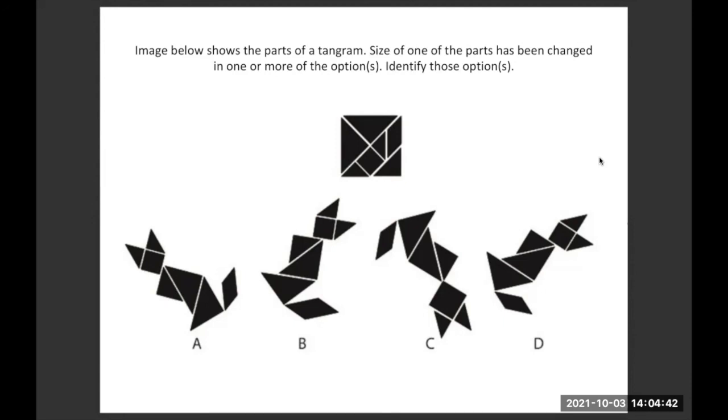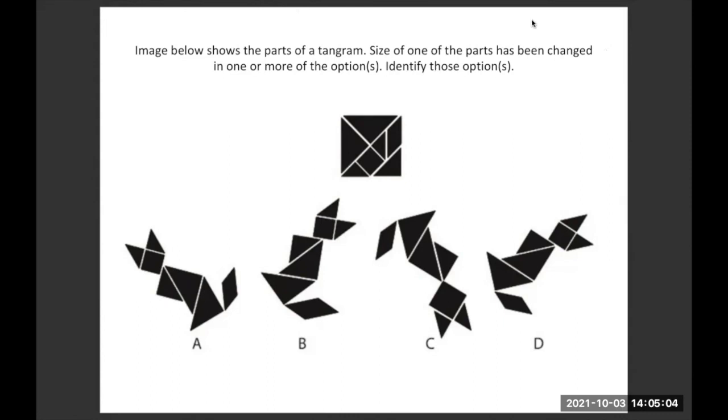Okay. Let's give in. Tanisha, you are here? Tanisha? Yes, ma'am.